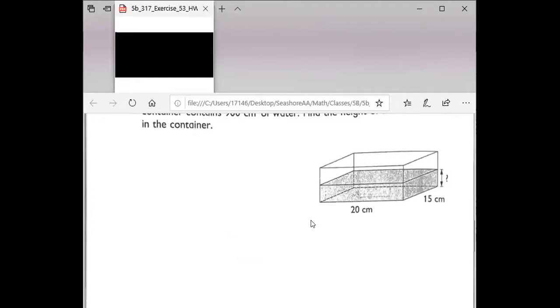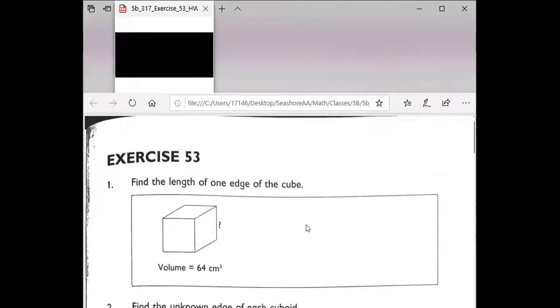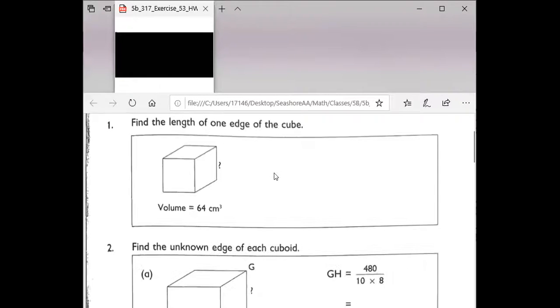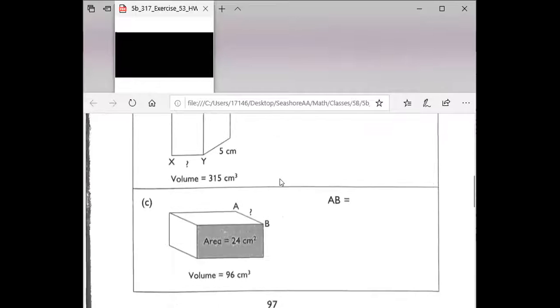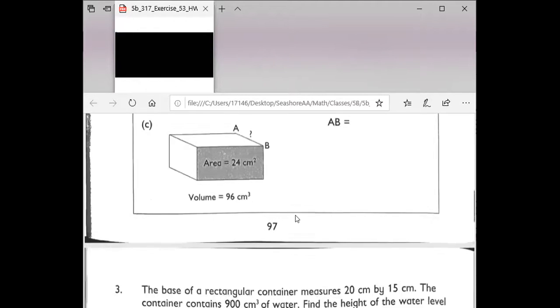So for this exercise 53, last time we already did the first page, 97. Some of you already turned in your homework. I got your homework already. So today, if you didn't print out or you didn't do the homework from last time, it's okay.